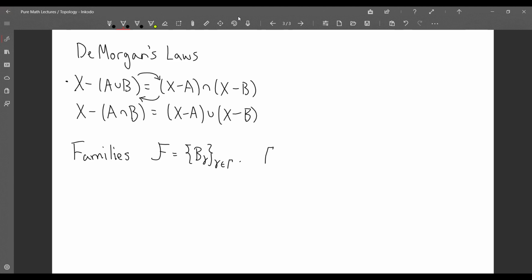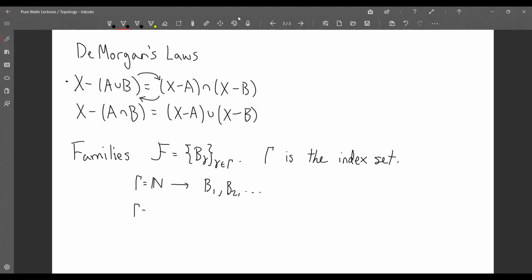So here gamma is called the index set. And it can be anything, right? We're typically used to index sets like the natural numbers, where we would have sets B1, B2, and so on, or even just finite subsets of the natural numbers.